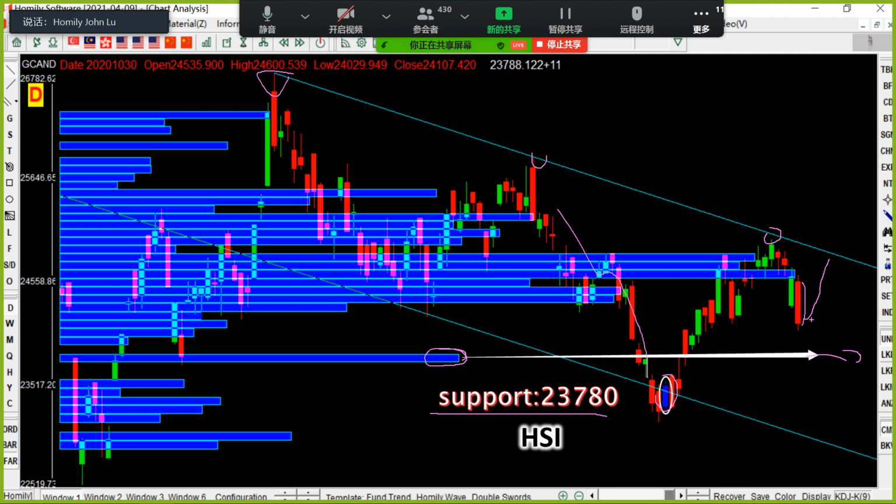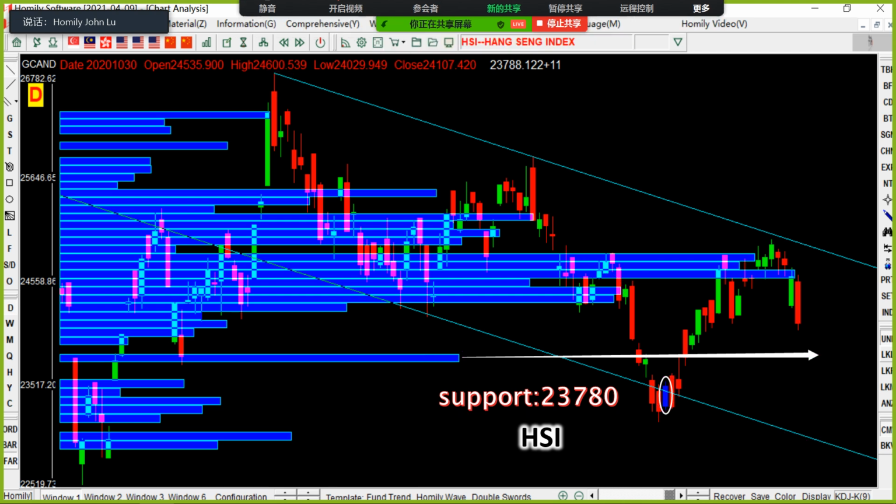So if in the future the US market drops and the Hong Kong market follows so much, then maybe we can get another good opportunity around here, right? It's a very good bottom catch signal when the price touches the line or goes below the line and returns back. That's for the Hong Kong market.